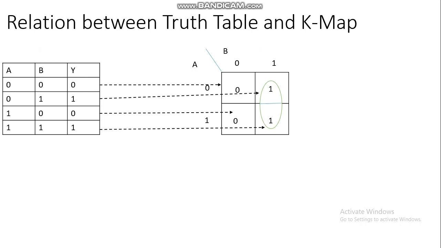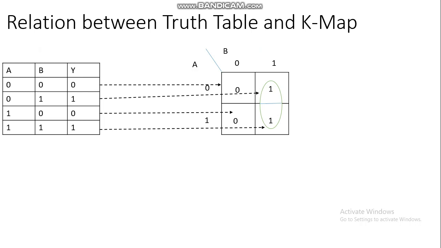Now here I have encircled the two ones. Why? Because whenever we are creating the K-map, we have to create groups. This group may be of 2, 4, 8. This is the possible and allowed grouping in K-map. Always remember, whenever we are doing the grouping, we have to select either consecutive 1s or consecutive 0s.